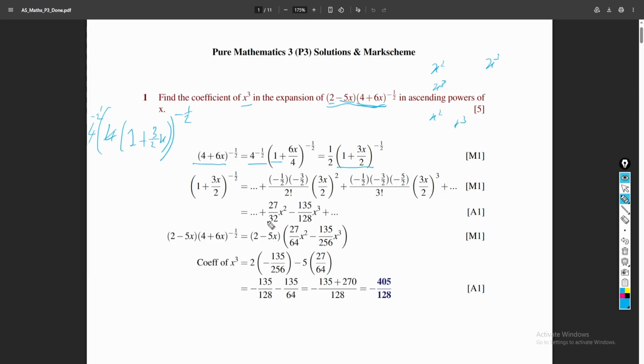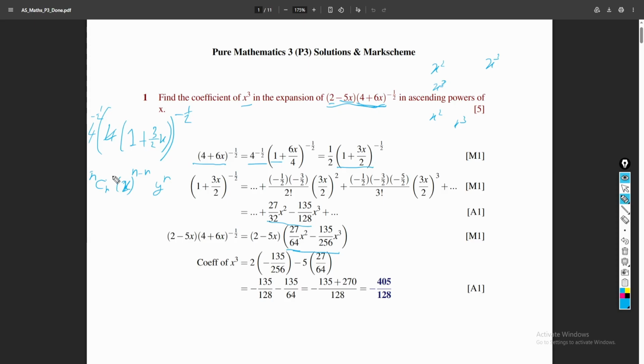So we expand only these two parts, and then we multiply this with half, so we get this. We just use the binomial formula here, expanded only for these two. The formula we use is nCr, x to the power n minus r, into y to the power r.